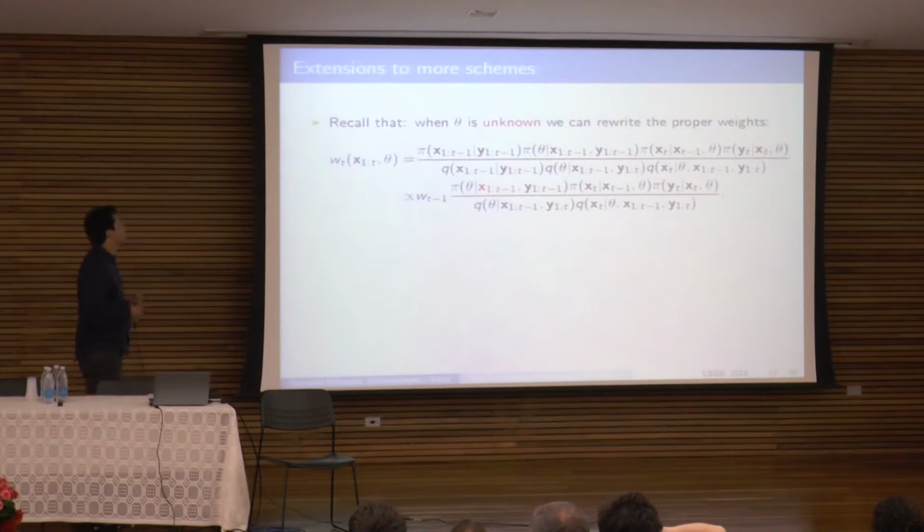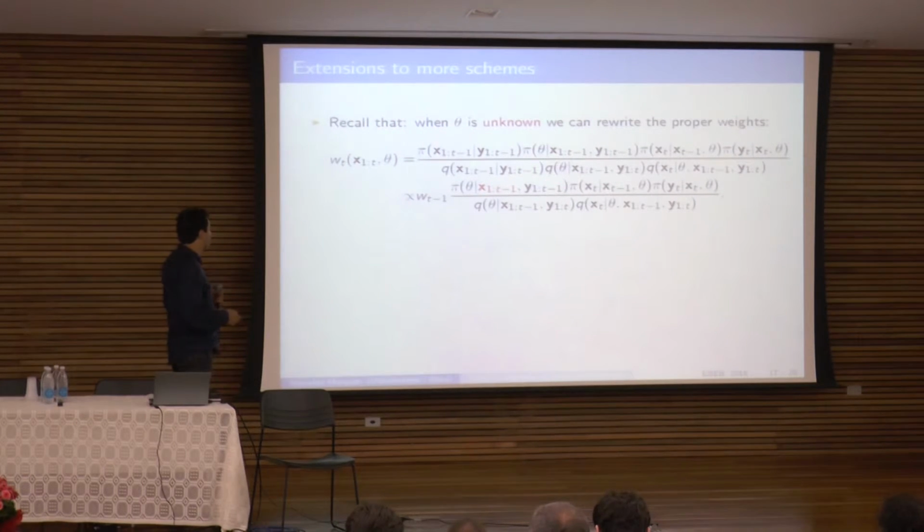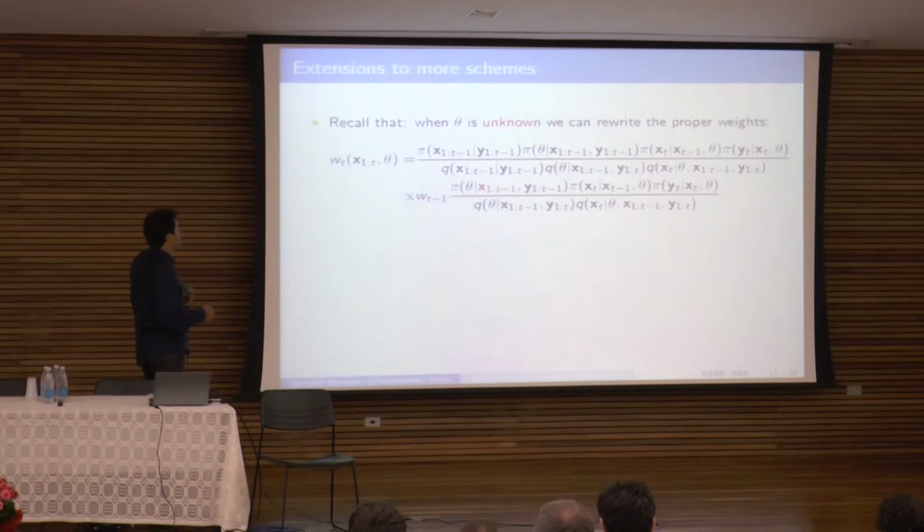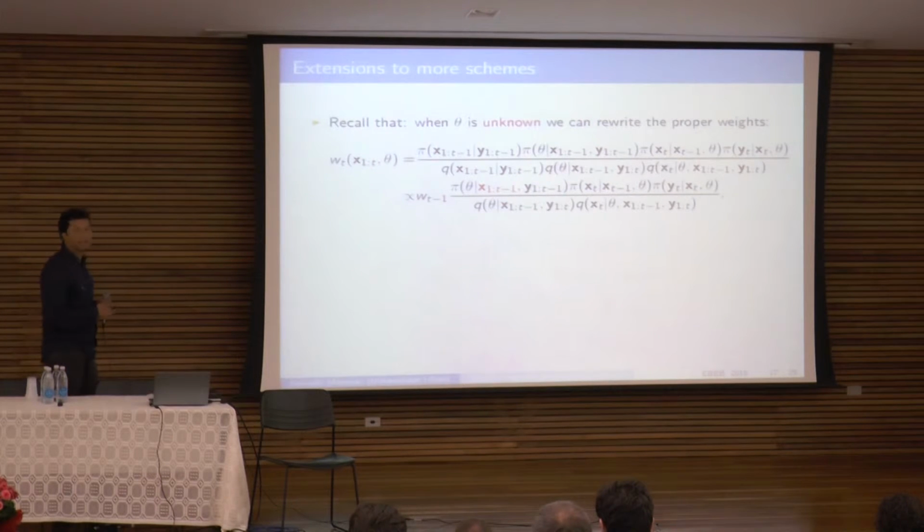What you have to do is write these proper weights for the joint of xt, for x 1 to t, and theta. And you do some manipulation here, you see that the weights are proportional to the previous weights, and this ratio appears here: the posterior distribution for theta, and the proposal. In case you have this posterior, you can write this posterior, then you cancel here.